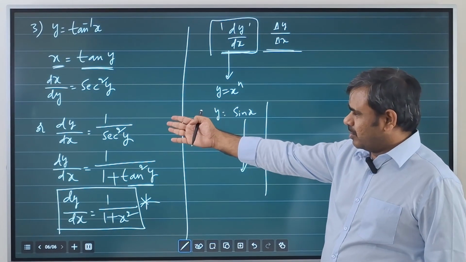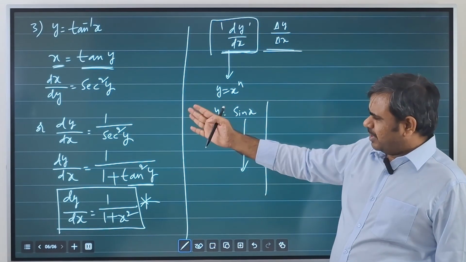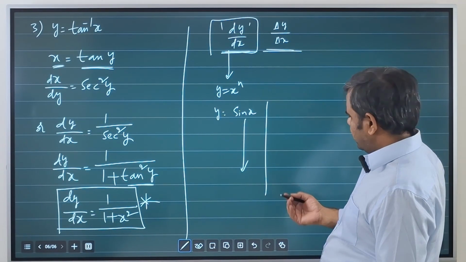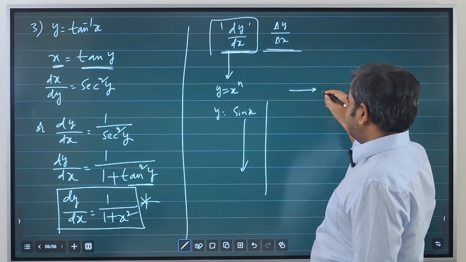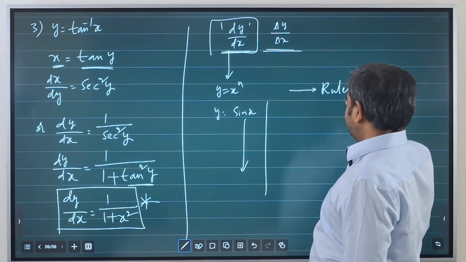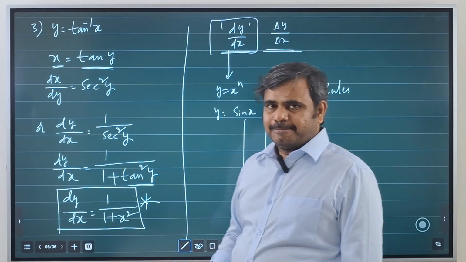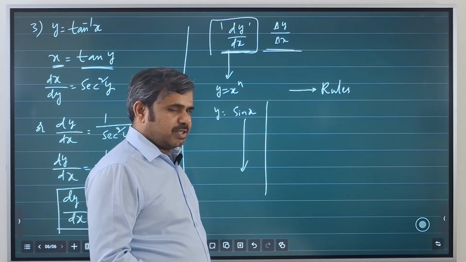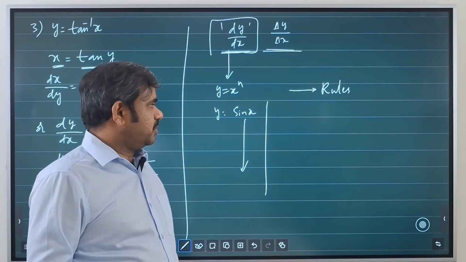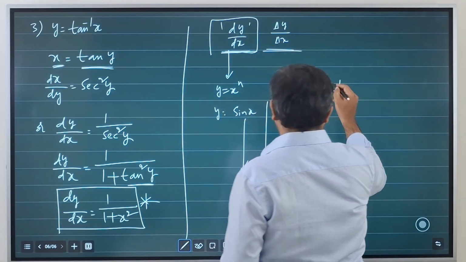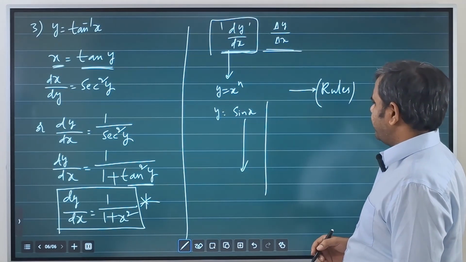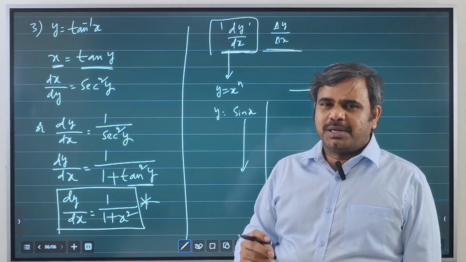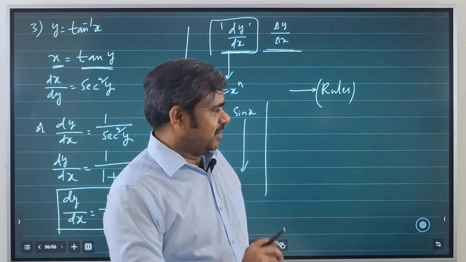And here we wrote down derivatives of inverse trigonometric functions. Also, we discussed different rules of differentiation: addition rule, subtraction rule, multiplication rule, division rule, and chain rule. Now let us see a few basic applications of differentiation in physics.